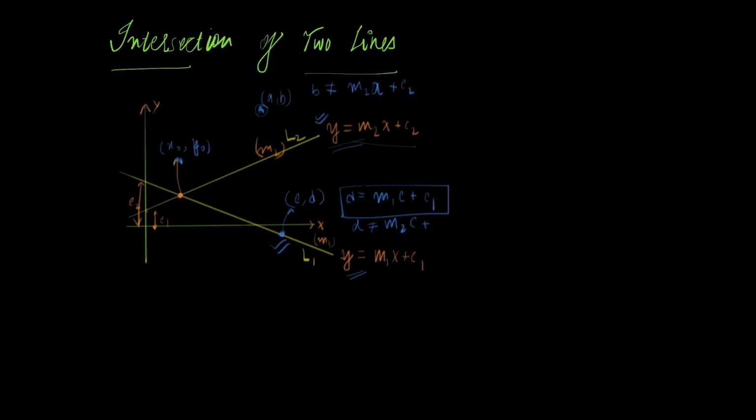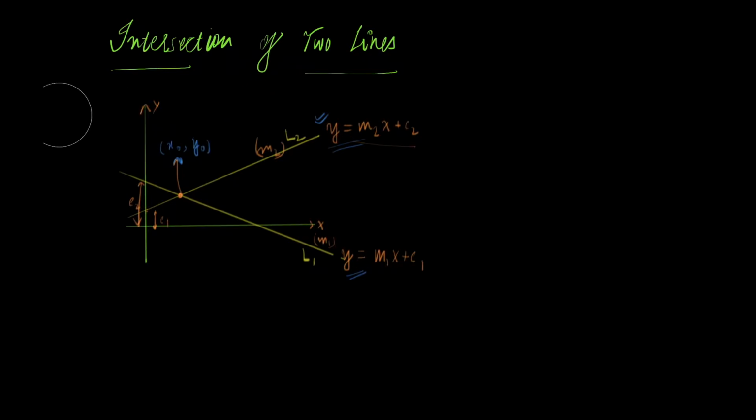Let me just get rid of the equations to declutter the screen, like so. So we are in the hunt of this point, x sub 0, y sub 0, that is supposedly satisfied by both the equations of the lines. Now, if this is satisfied by line L2, then y sub 0 must be equal to m sub 2 x sub 0 plus c2.